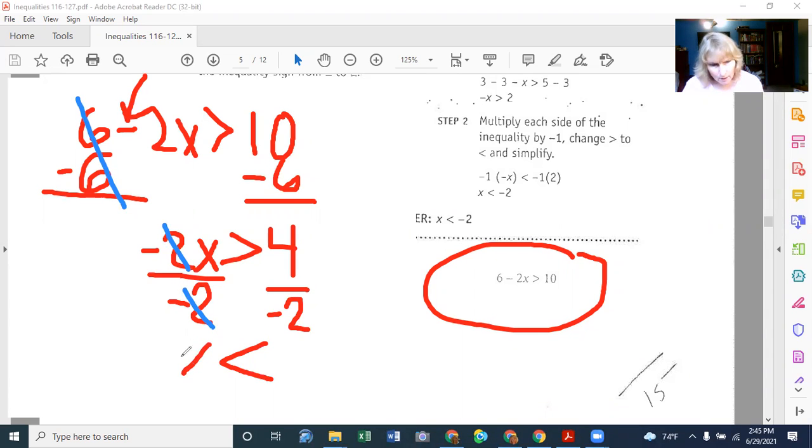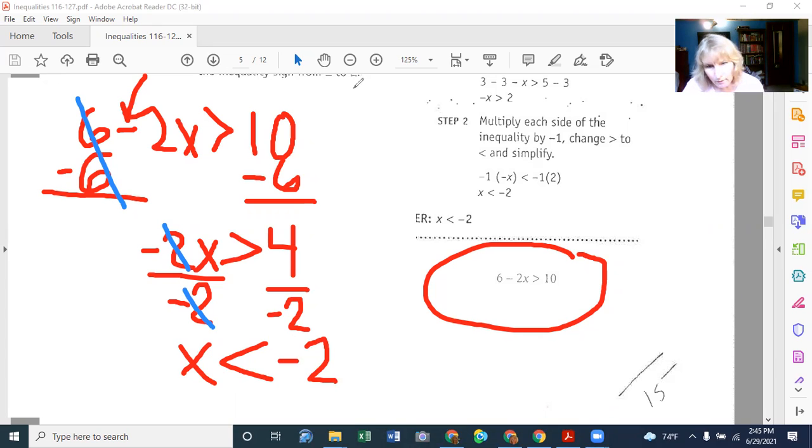And on the right, I will now have 4 divided by negative 2, which is negative 2. So our final answer will be x is less than negative 2. Notice that on the actual AccuPlacer, you're going to have answer choices. One of them will probably be x is greater than negative 2, in case you forget to flip or reverse the inequality sign. So don't forget to do that.